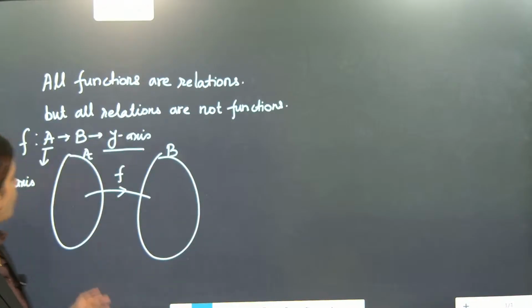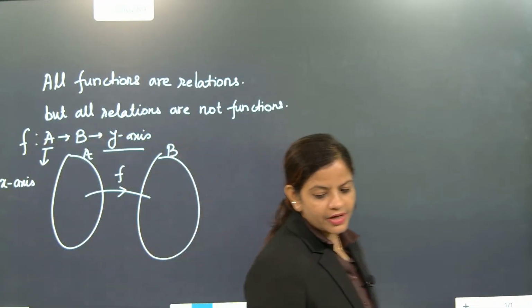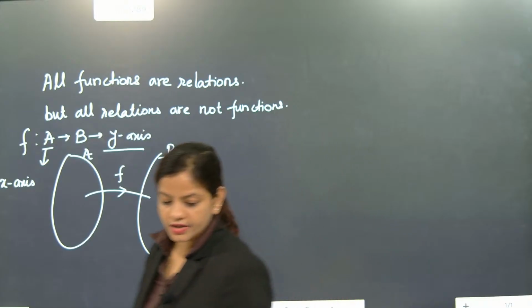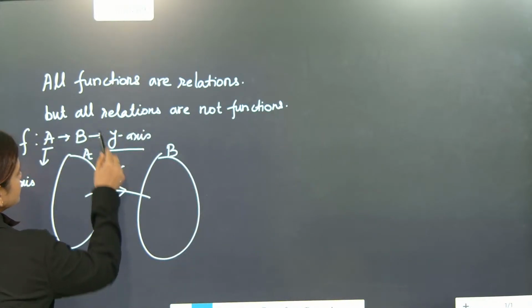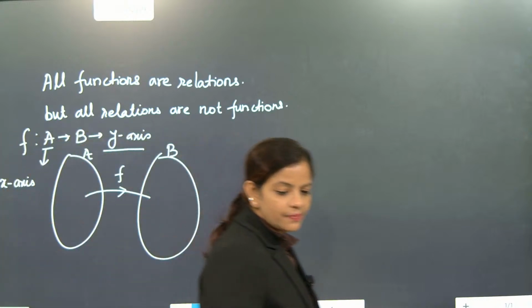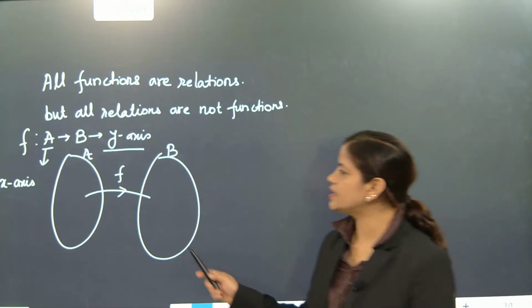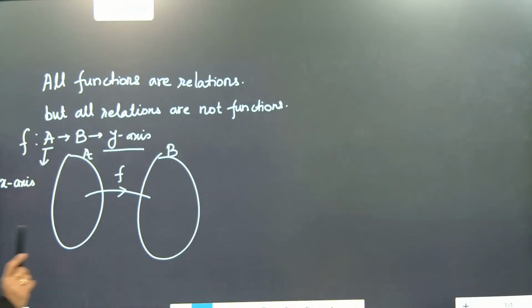Understood or not? So what we learned here right now is a very important topic. The most important part is that first this will become the x-axis and this is coming as the y-axis. Understood or not? So now the x-axis and y-axis part we have done. Now the next important section is that this part is called the domain and this part is called the codomain.